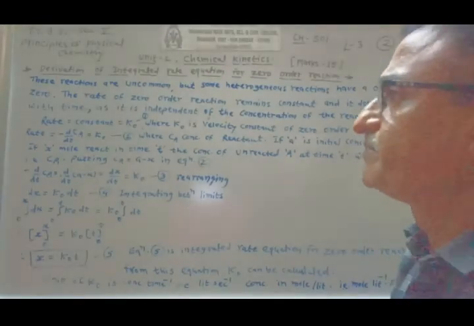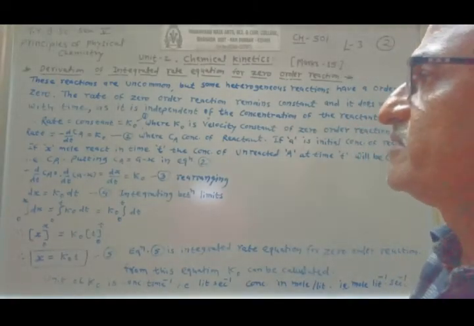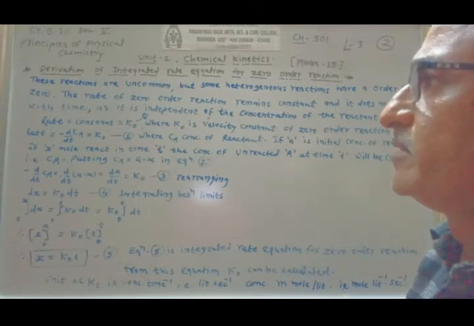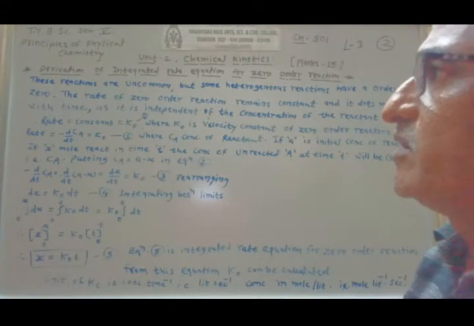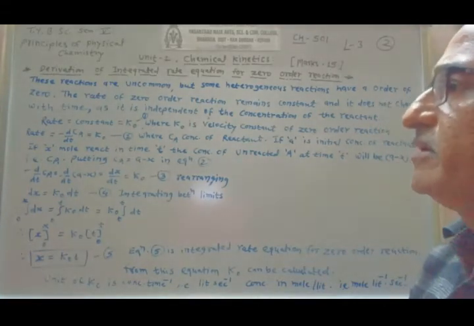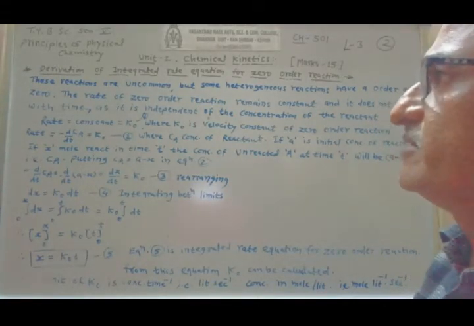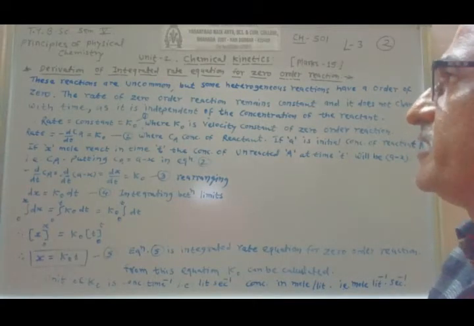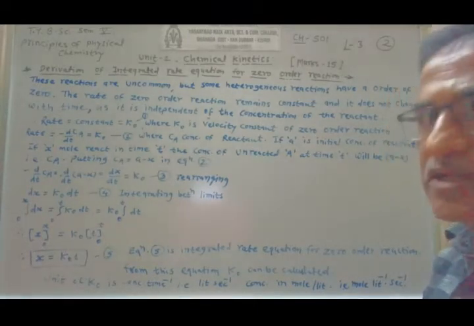Hello friends, after discussing the basic terms order and molecularity, now we are turning towards the main part of this chapter, that is the derivation of the integrated rate equation for zero order reaction.